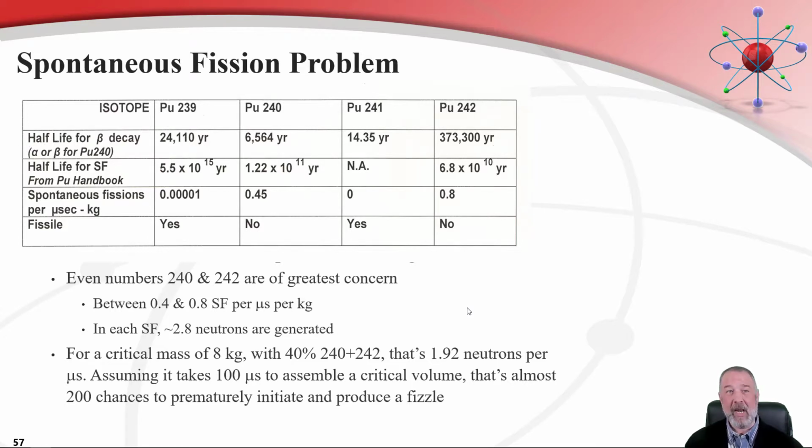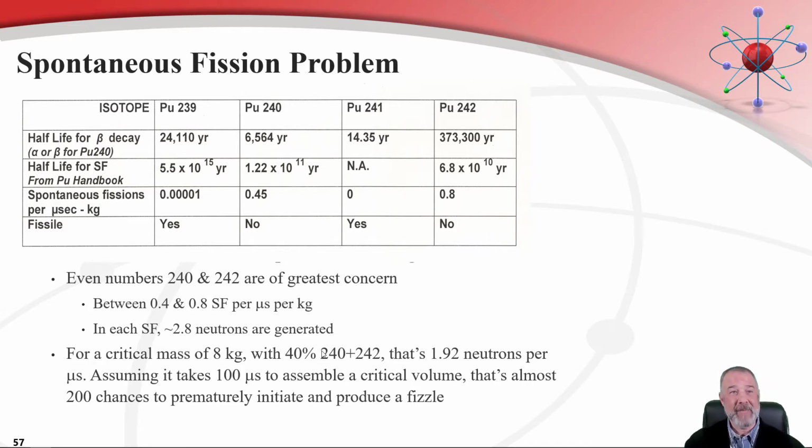If we have 8 kilograms of our plutonium, but 40% of it is our isotopes plutonium-240 and 242, that means that we're getting almost 2 neutrons per microsecond being emitted. Assuming that it takes 100 microseconds to assemble our critical volume, that means that while we're putting our critical volume together, we have 200 chances for that fission chain reaction to start before we're ready for it to start, which means, again, we get a fizzle and our weapon doesn't function as intended.